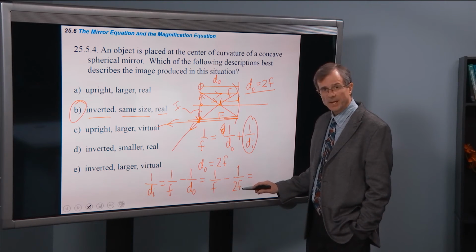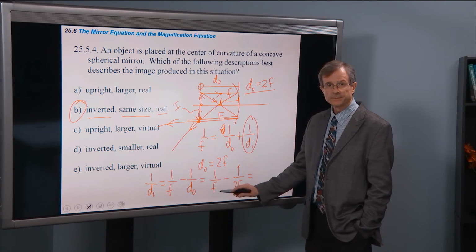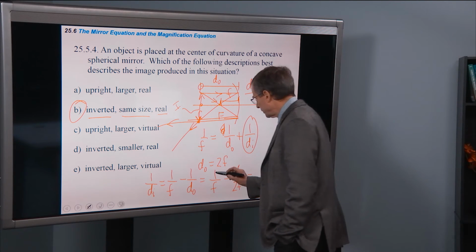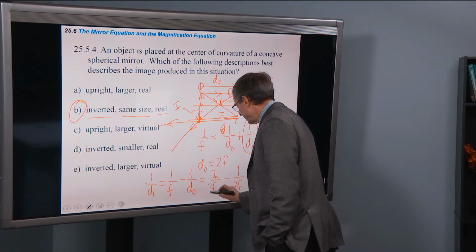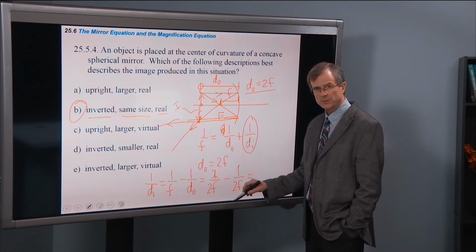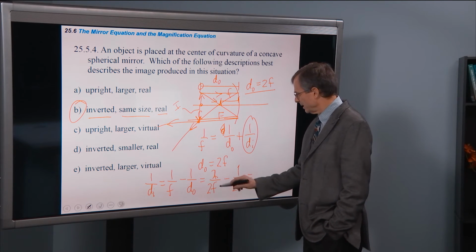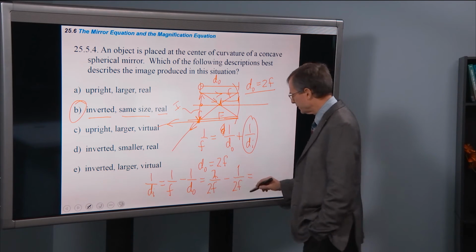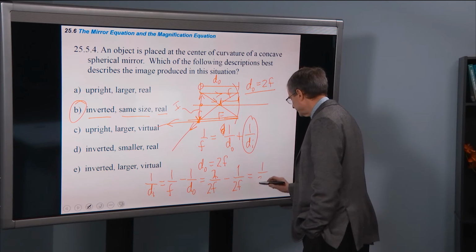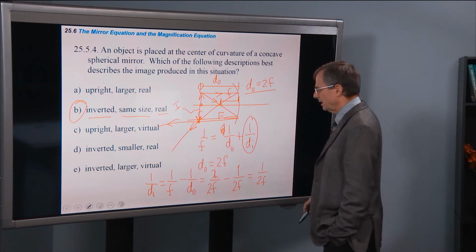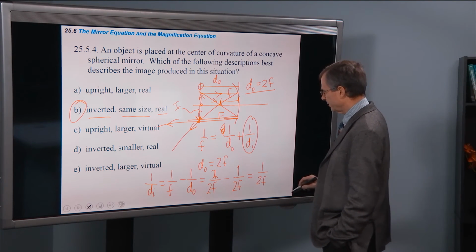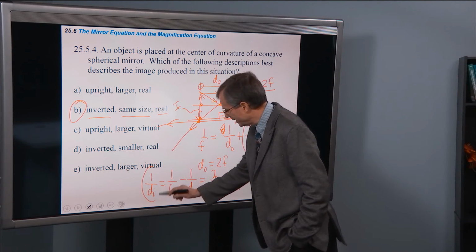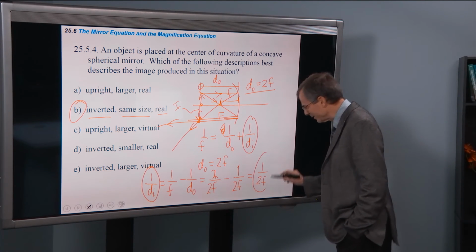This one's 2f, this one's f, so I'm going to need to multiply and divide this fraction by 2 in order to get a common denominator. So then we have 2 minus 1 divided by 2f. That's just 1 over 2f. And that says that 1 over di equals 1 over 2f.